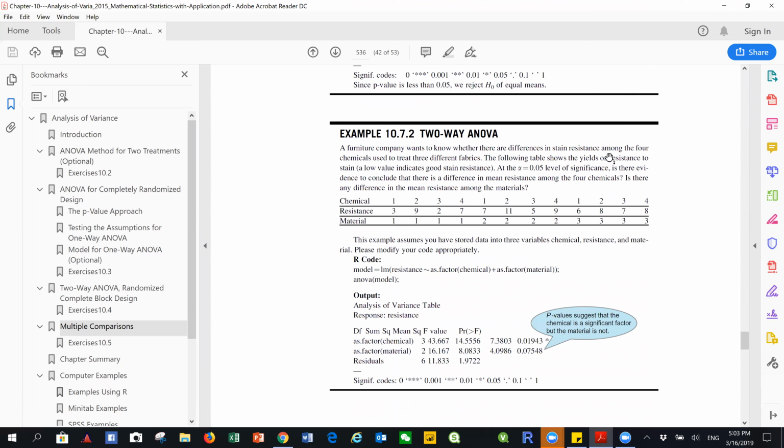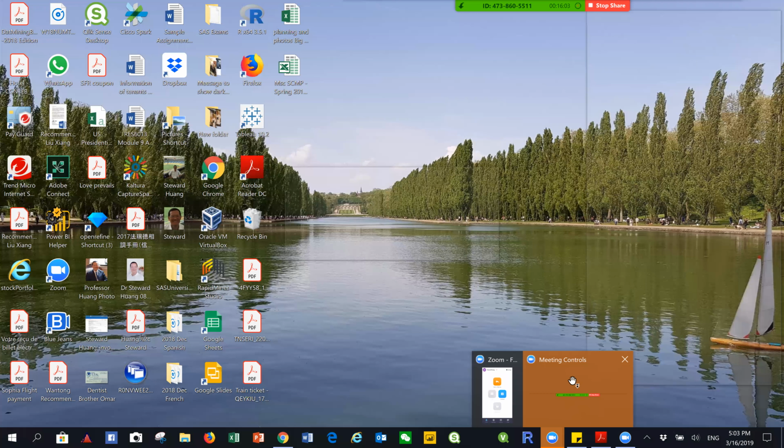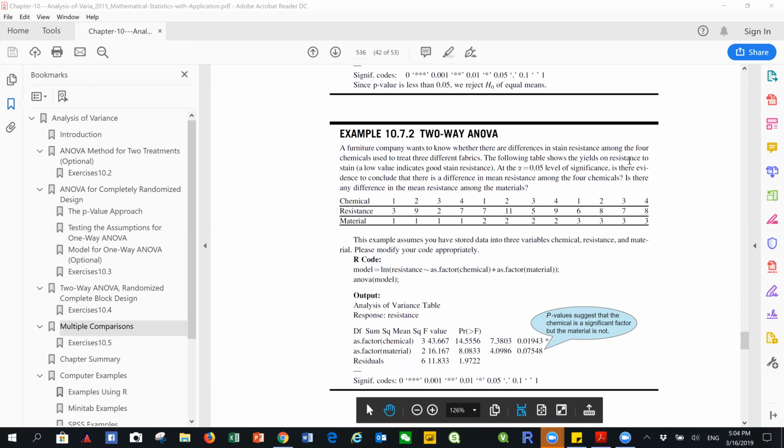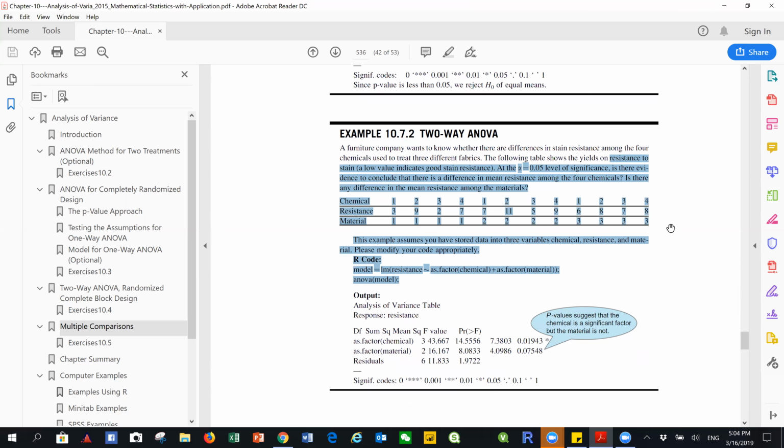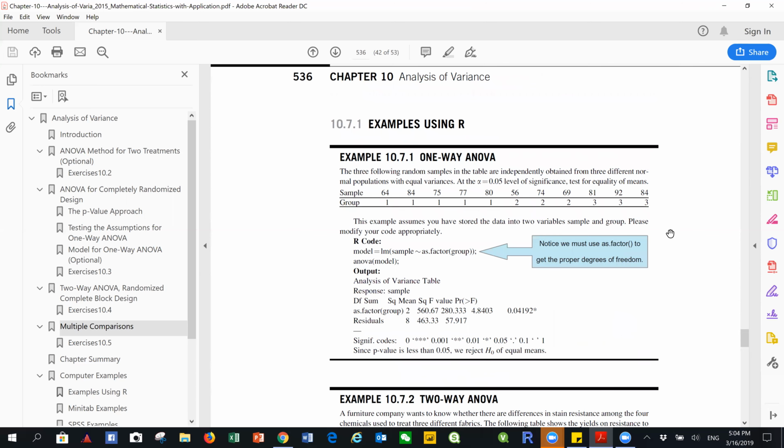No questions, I'm okay. I looked at the first example that you wanted us to do. I think it was 10.5.3.